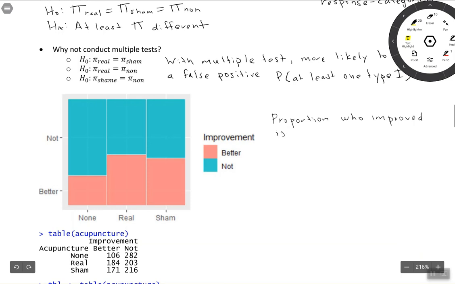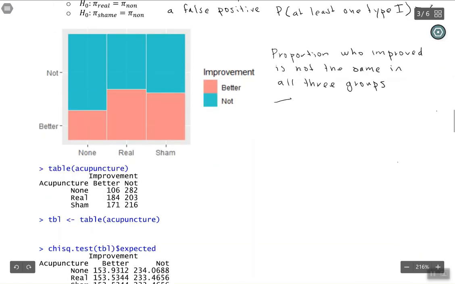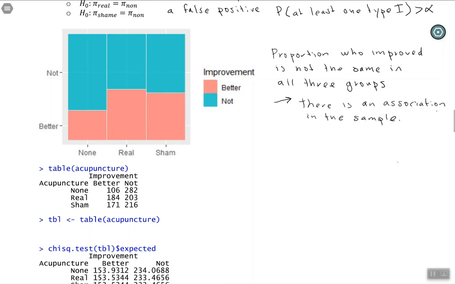We didn't get the same thing each time. The proportion who improved is not the same in all three groups. So that means that there is an association in the sample, right? We can tell that the proportions are not the same in each group for this sample of 1,000 people, but we don't know yet whether that would persist in the long run. Is acupuncture actually increasing the probability of improvement?